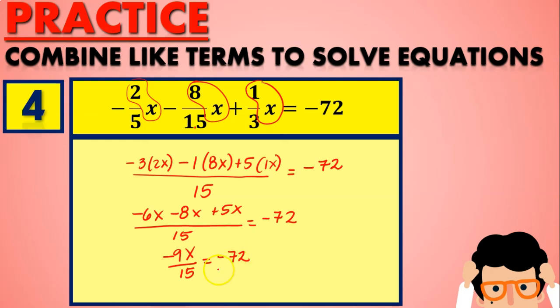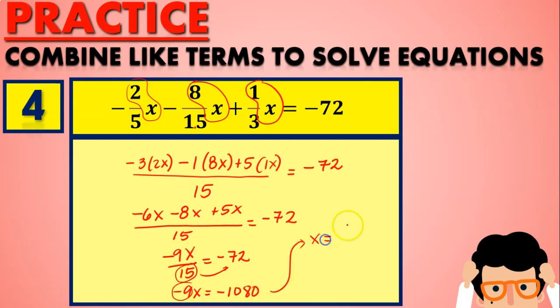Now, as we learned before, that 15 is dividing. So if we want to pass it to the other side, it's going to pass multiplying. So minus 9x is equal to 15 times minus 72, which is minus 1080. Now, we're still left with a minus 9. But that minus 9 is multiplying.